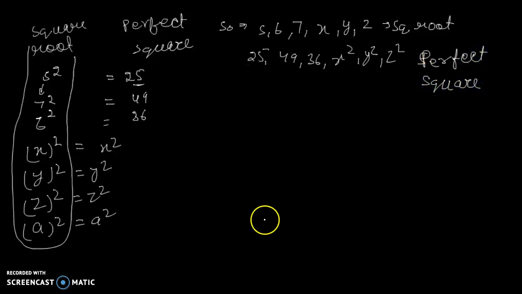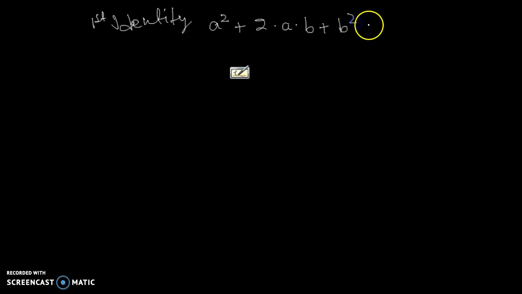So students, now I am discussing what identity we are using. So we are using first identity, a square plus 2 into a into b plus b square is equal to a plus b into a plus b, which is also equal to a plus b whole square.